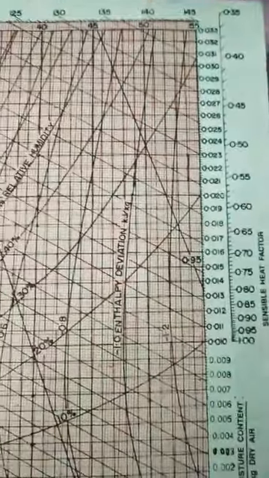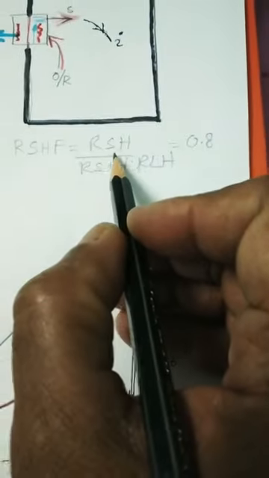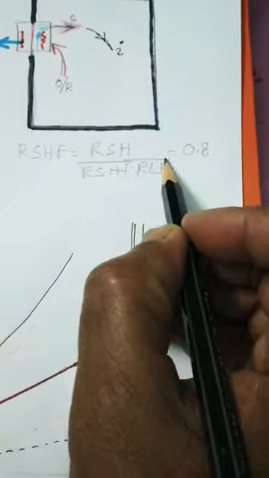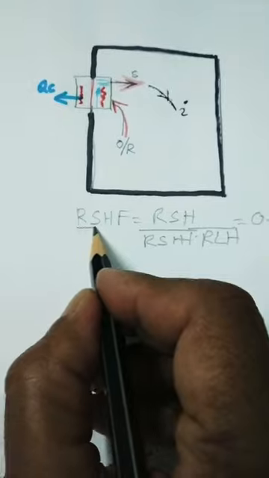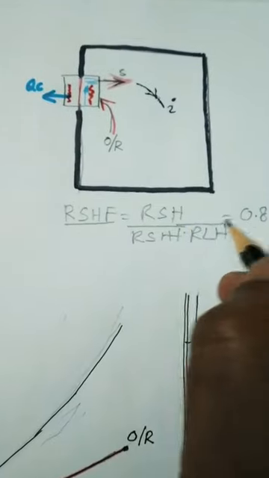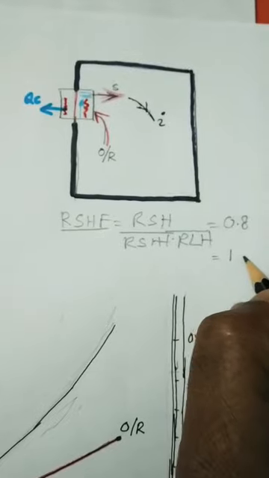Now if you see the definition of room sensible heat factor, it is the ratio of room sensible heat to room sensible heat plus room latent heat. So you can make out that if the room latent heat is equal to 0, then the room sensible heat factor is equal to 1.